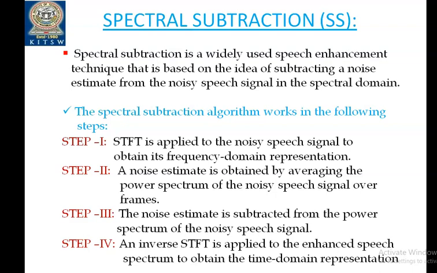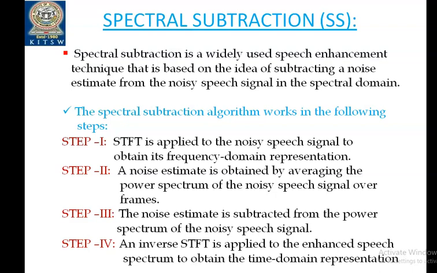The spectral subtraction algorithm works in the following steps. The first step is that the short time Fourier transform is applied to the noisy speech signal to obtain its frequency domain representation. The second is that a noise estimate is obtained by averaging the power spectrum of the noisy speech signal over frames. Because when you apply windowing and framing to the recorded speech signal, we get the frames, which are nothing but the short time Fourier transform signal.